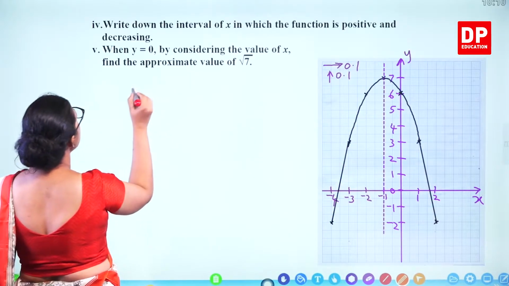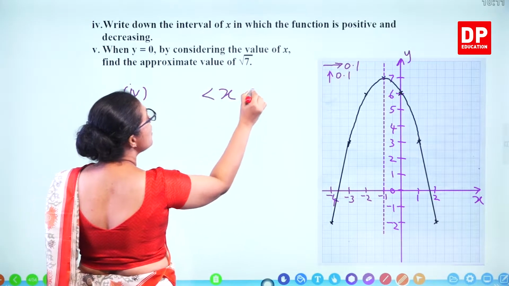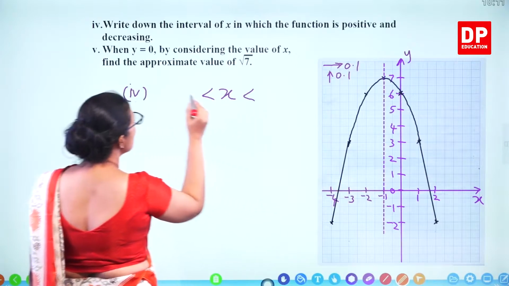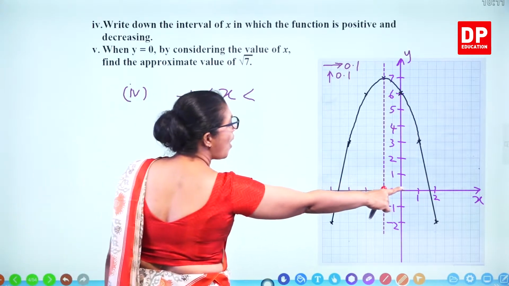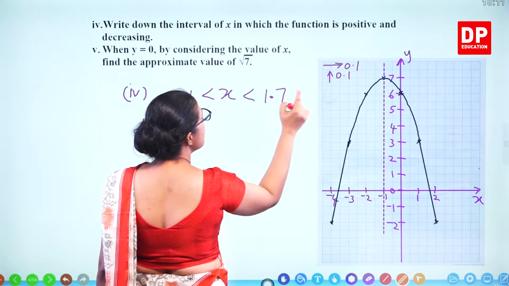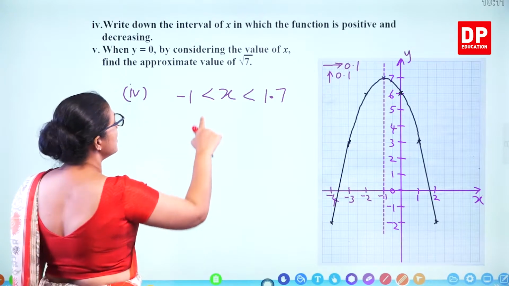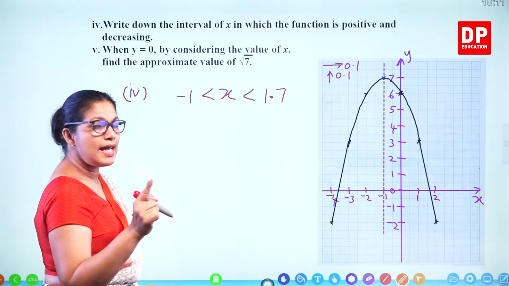So you can write x should be in between minus 1 and 1.7. So that's decreasing positively. So don't put equal sign, only in between.